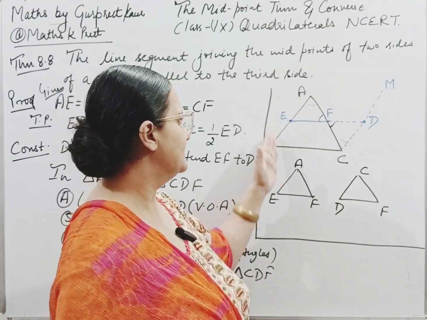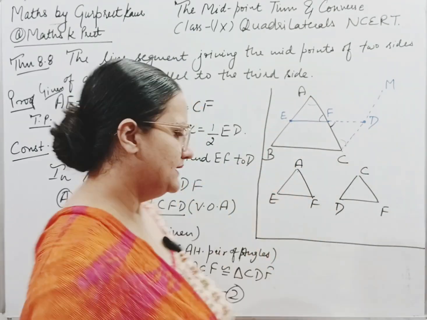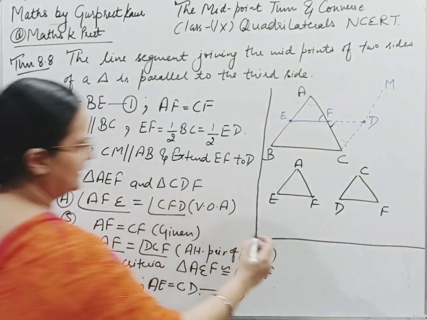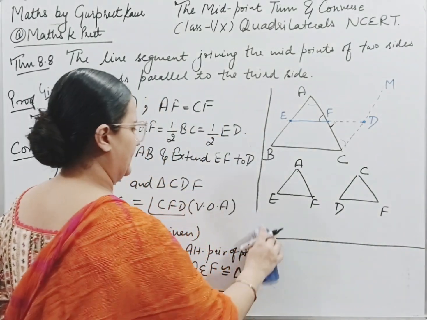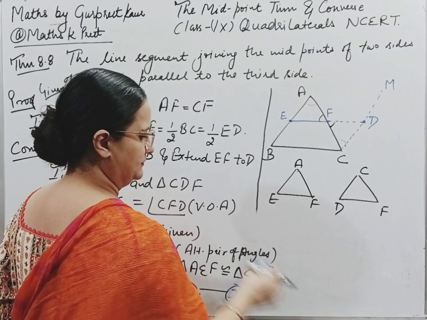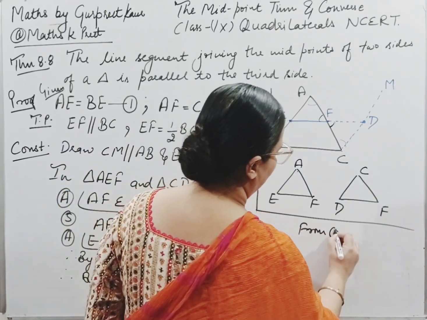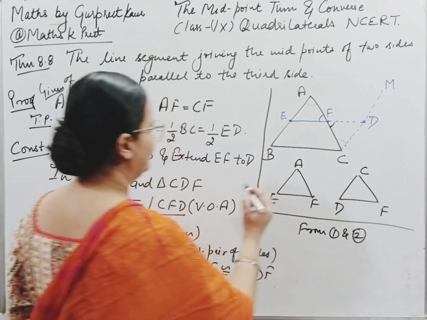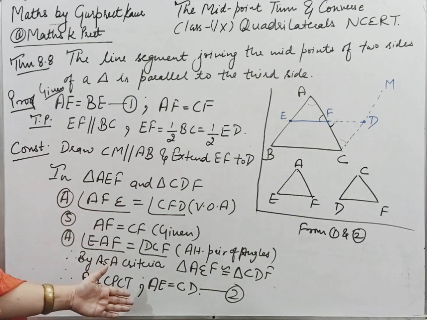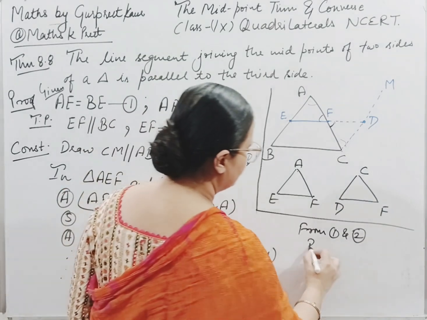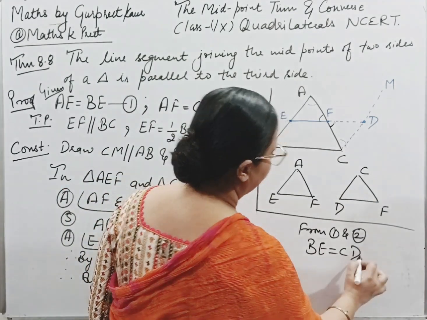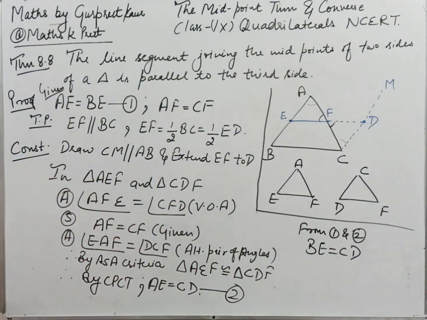So from 1 and 2, we can just compare the right hand side. So we can write BE is equal to CD. Fine. So BE is equal to CD.